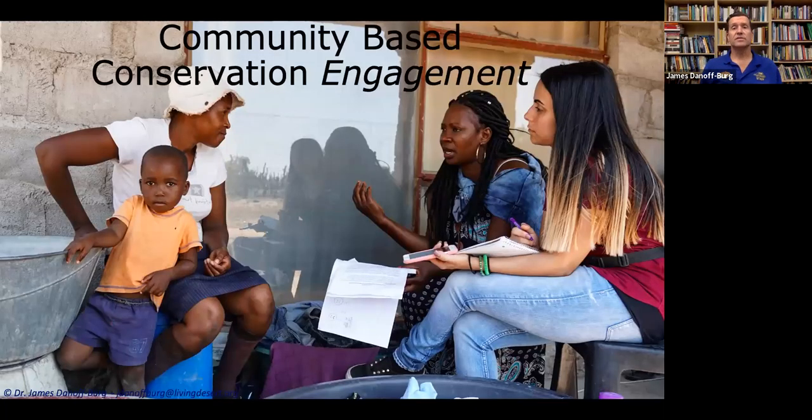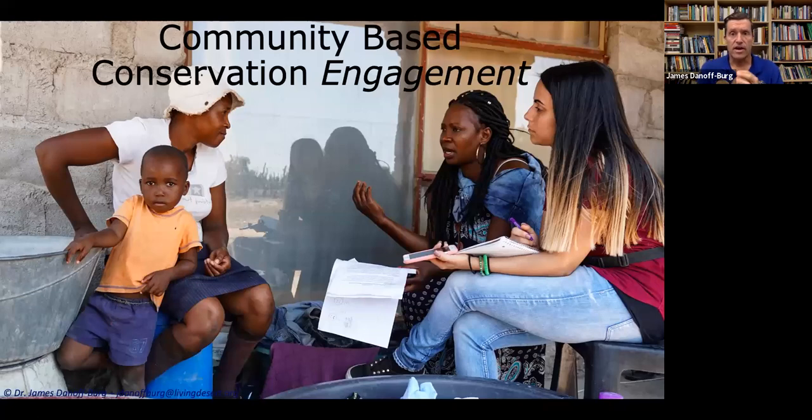So engagement could take the form of a lot of ways. In this case, it could be interviewing a woman and her child, while she's taking care of her children, about what they think about a local conservation effort, right? Which is what's happening here.